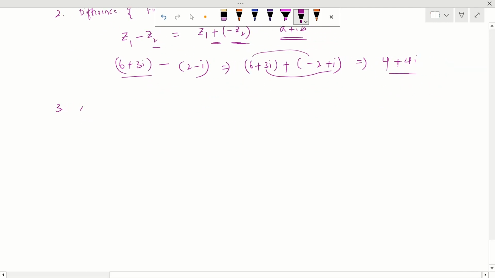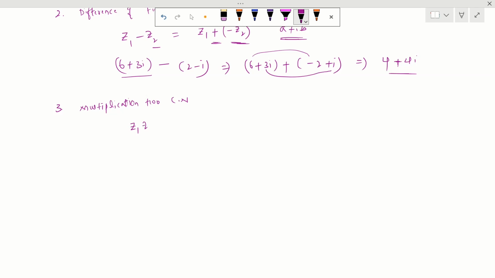We will discuss multiplication of two complex numbers, z1 into z2. Suppose z1 is equal to a plus ib, and z2 is c plus id.